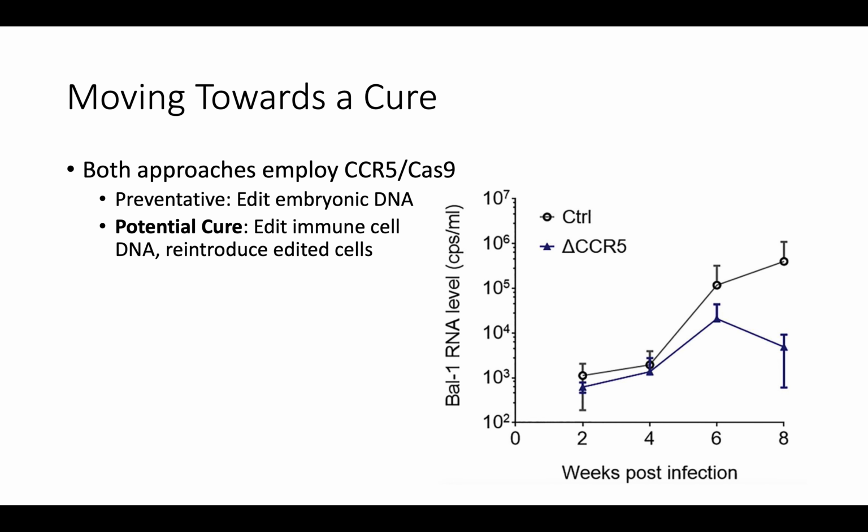This edit introduces a mutation called delta 32 into the CCR5 gene. We talked about this earlier. It's what most new HIV infections use to latch onto a cell and insert itself. And, well, this prevents that from working.